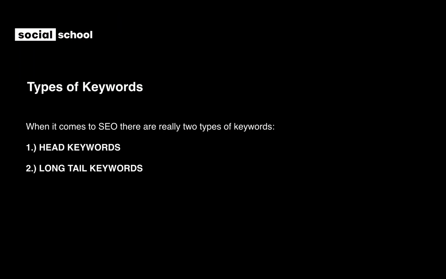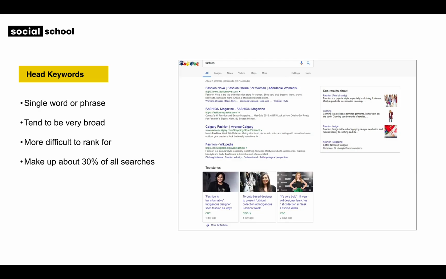So when it comes to keywords, there's really two ways we can think about them. We can think of them as either head keywords or long tail keywords. Now, head keywords are what most people focus on when they first start doing keyword research, and then that's all they really care about. So a head keyword is a single word or phrase, something very broad like fashion.